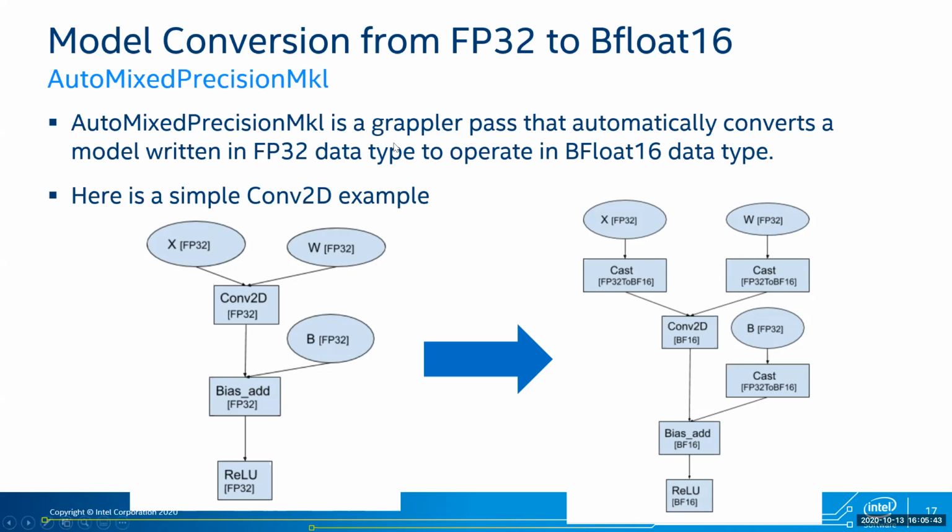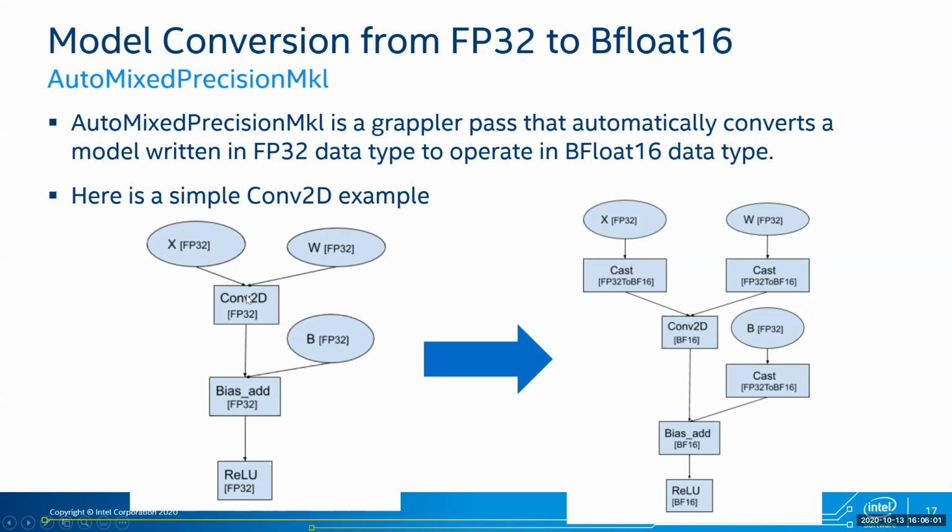So you can see a simple example below. On the left-hand side is the FP32 model. As you can see, for the inputs, the X, W, and the bias, the B, they are FP32 data type.